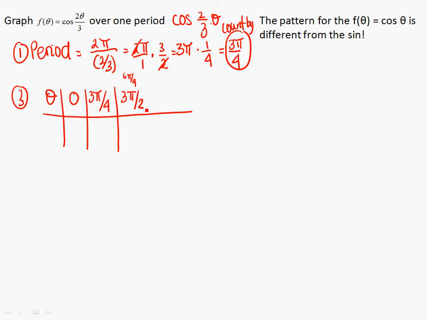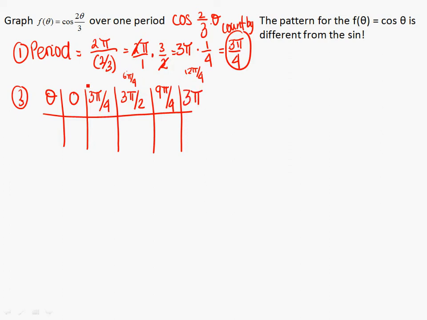So that's 3 pi over 2. And 6 plus 3 is 9 pi over 4. And then this should be my last step. And what should I end at? 9 pi over 4 plus 3 pi over 4 is 12 pi over 4. And 12 divided by 4 is? 3 pi.